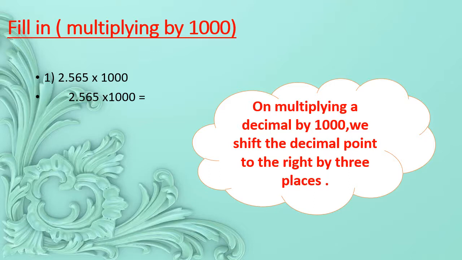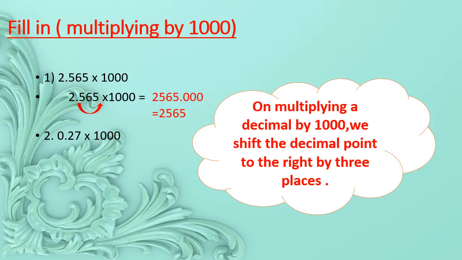In this question, the decimal point will be shifted first past 5, then 6 and then 5. 3 decimal places are there. So we will shift it to the right side by 3 places, and after that we will be having 2565.000. After the point we are having only zeros, so we can call it 2565. This will be our final answer.